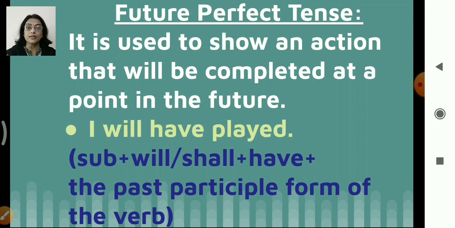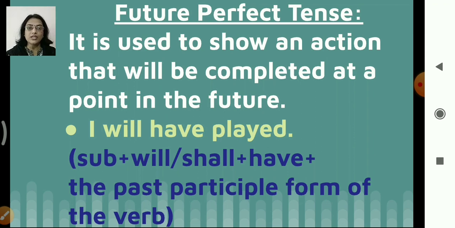So the sentence is I will have played. What you have is the subject plus will or shall plus have plus the past participle form of the verb.